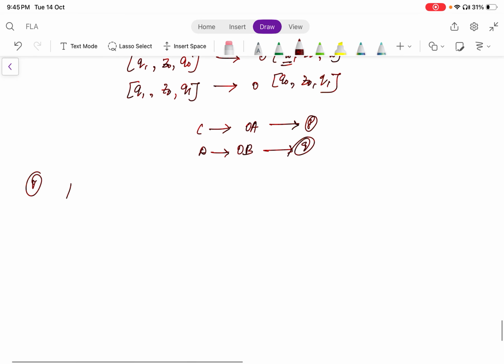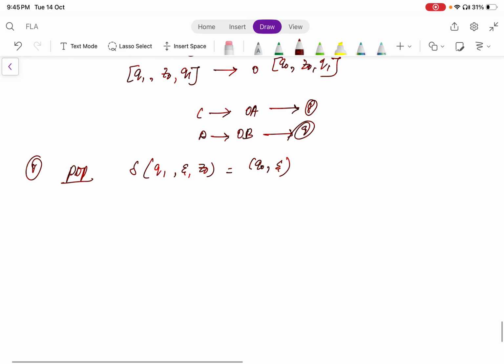Pop operation. Your first transition in pop is delta of q1 comma epsilon comma Z0 equal to q0 comma epsilon. This is very easy. For pop operation, you have to write only for one state. Whatever state is given on the right side, only for that state you have to write the rules.